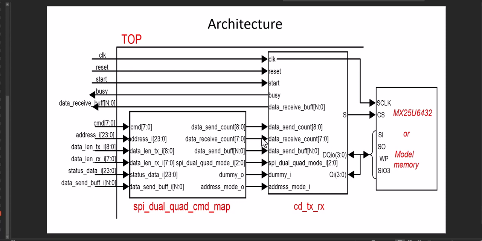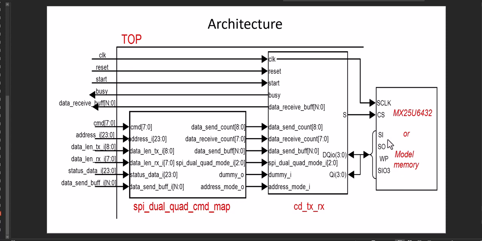And there are some intermediate signals: data send count, receive count, then send buff, then SPI dual quad mode, dummy out, then address mode. And these are the DQIO and the QI, the bidirectional inputs from this CD TX-RX module. And the last is our memory model for the MX25 series.